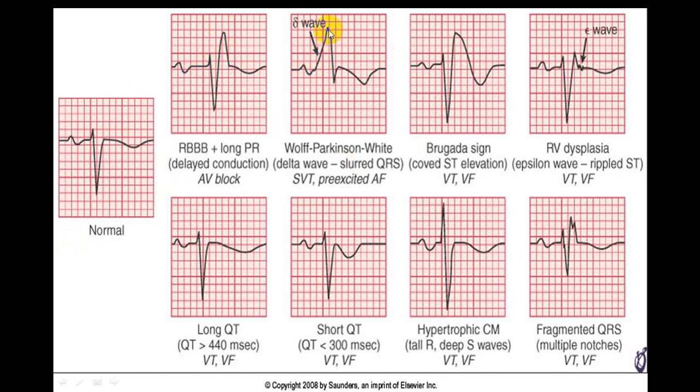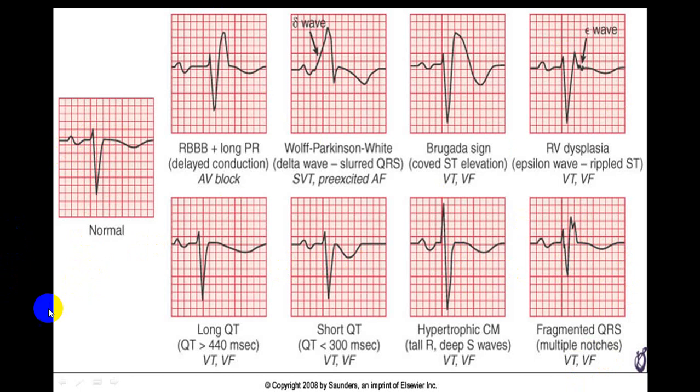You can see in WPW, Brugada sign, RV dysplasia, that is epsilon wave, long QT interval, short QT interval, hypertrophic obstructive cardiomyopathy, and multiple lead fragmented QRS complex in VT. These are all the conditions where you can see it, otherwise normal V1 is a small R with a deep S wave.